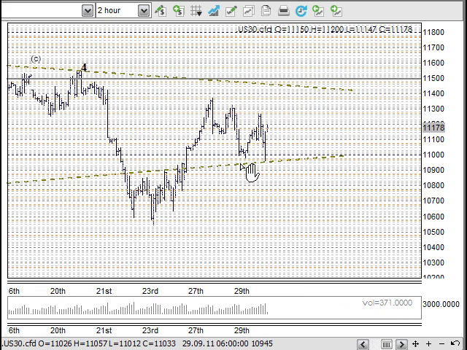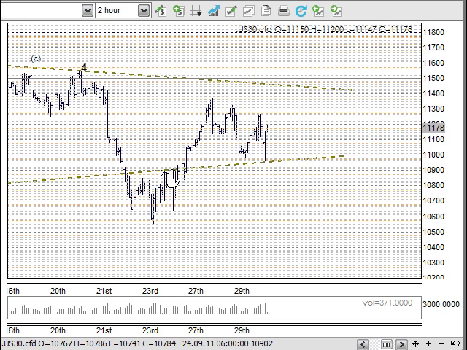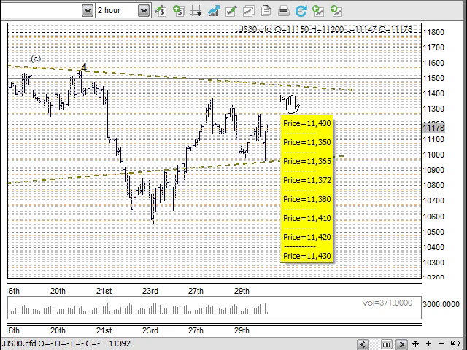And in that particular case, if we were going to get a C wave up here, it would be in 5 waves, and it would be up for one, back for two, up for three, and then, well, I thought it would have been the A, the B, and the C here, but it appears to get larger than that. So we've got an A and a B and a C here. So that would be the A wave, the B wave, and the C wave to here, and then a push up for the 5th wave here.